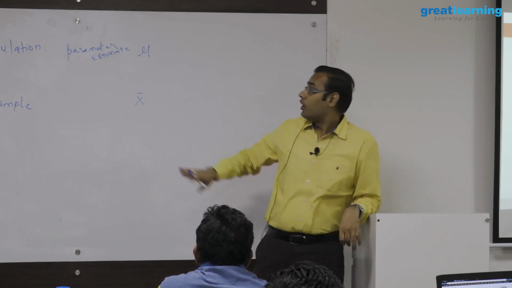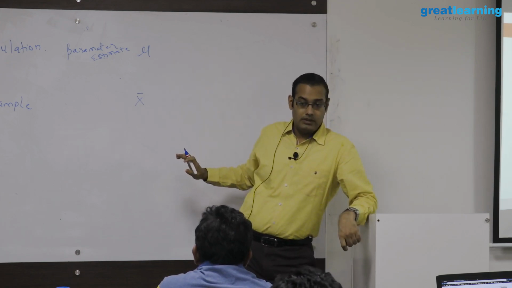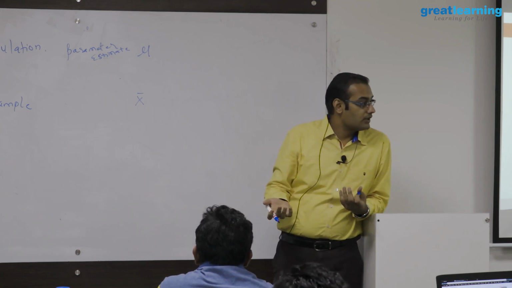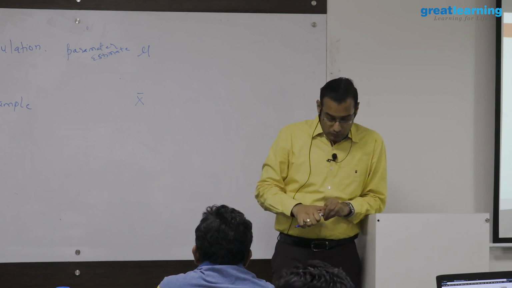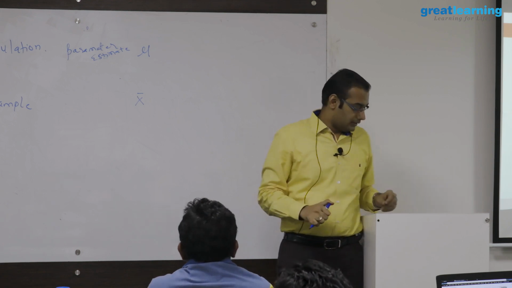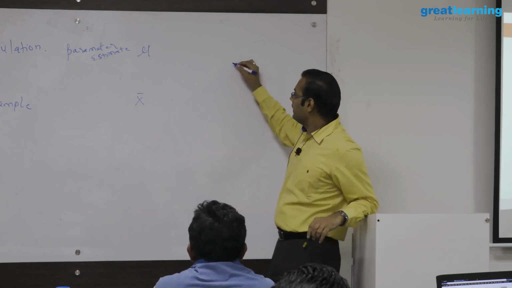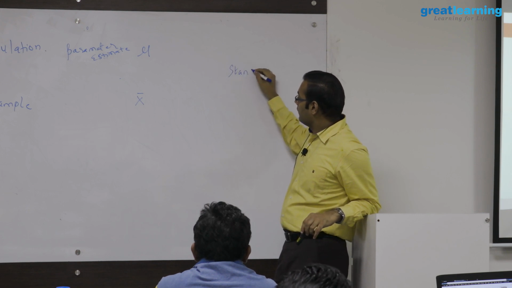Now the question is, how much of the sampling error do you want to tolerate? Sampling error means the standard deviation of the sampling distribution, right? So how do I narrow down the sampling error? I want to narrow down the standard error.